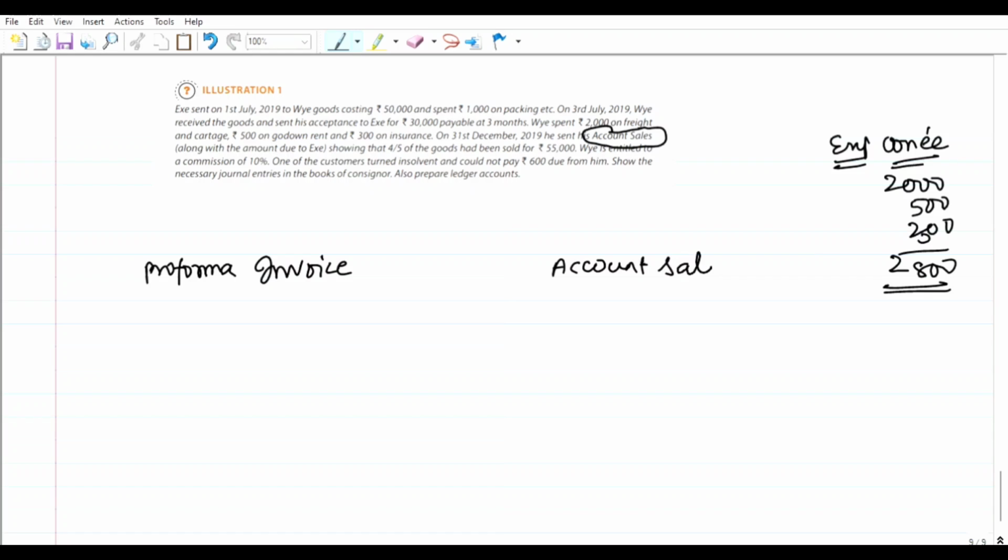These are the two documents which will be sent by the consignor and consignee, in the same order. The pro forma invoice is the document sent by the consignor to the consignee, in which he states the selling price of the goods sent on consignment, and he may or may not mention the expenditures he has incurred.